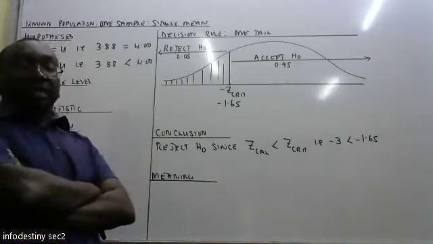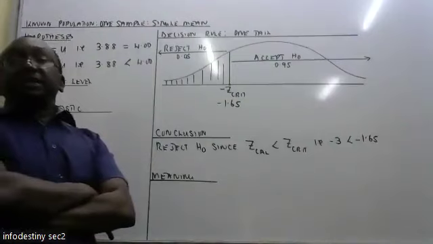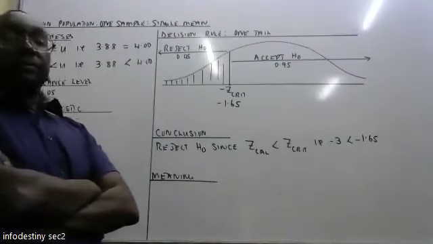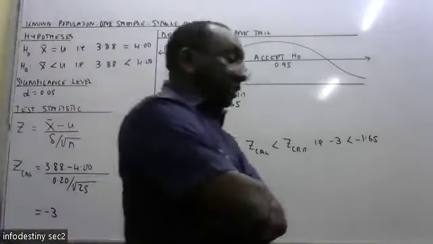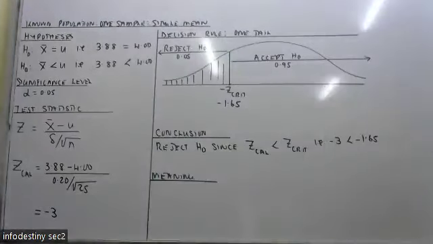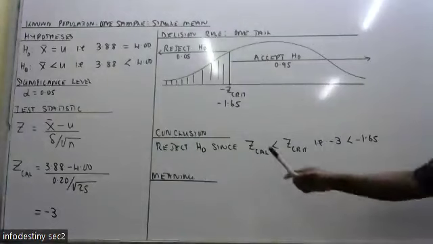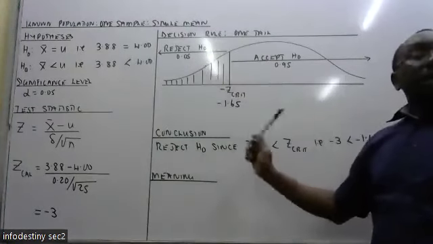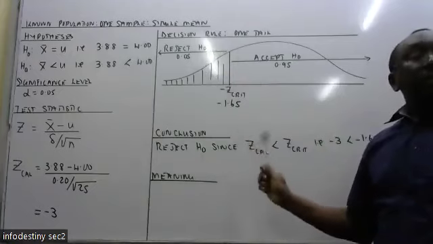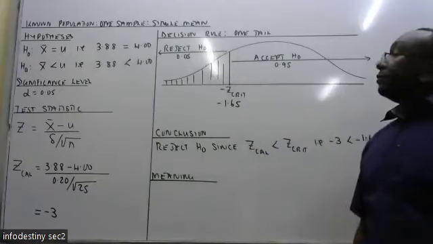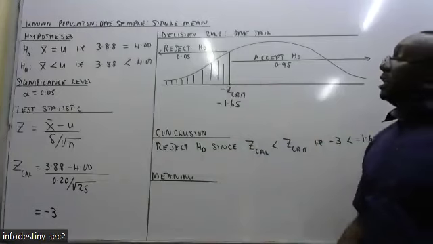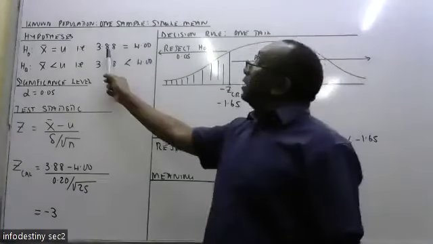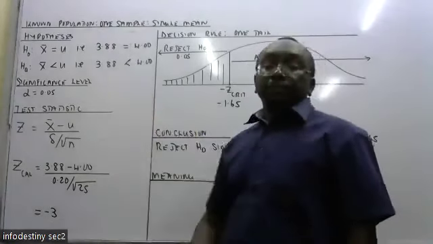So the meaning is that the machine has drifted. If we had said accept, that's when we would say the machine has not drifted, meaning that what we saw in the sample is what you see in the population.